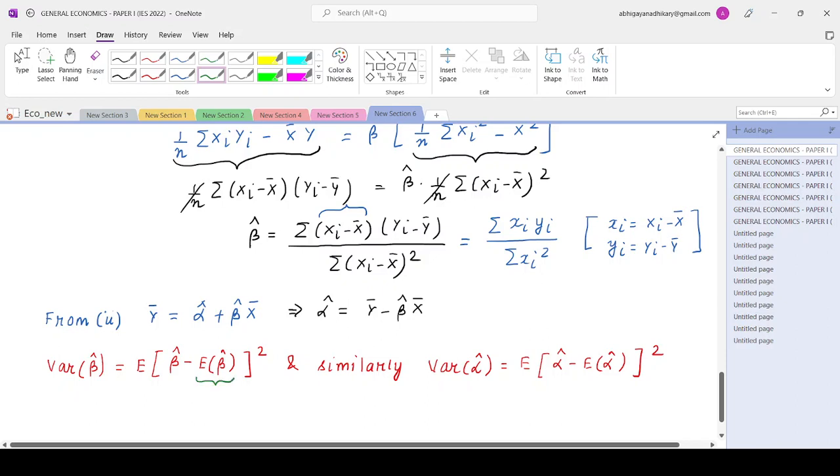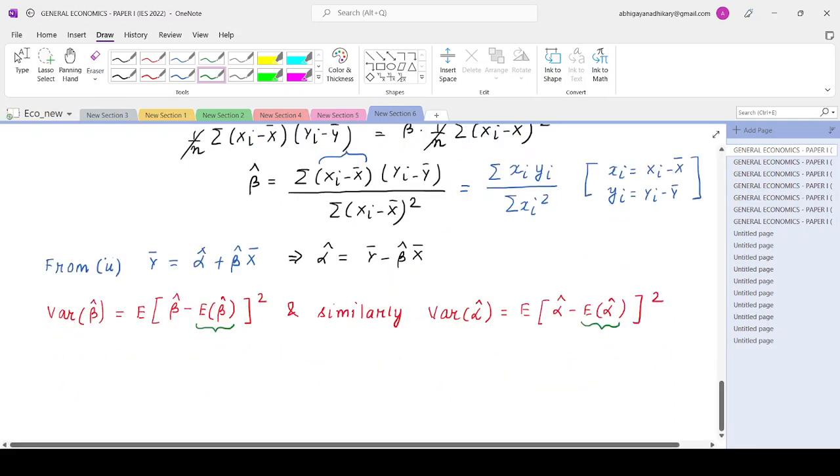If we are not able to obtain this, we can't replace them over here and calculate. Okay, so we'll first try to obtain that. So let us have a look at the expressions back. What is beta hat? It is summation xi yi by summation small xi square, where the x and y's are in small letters, right?